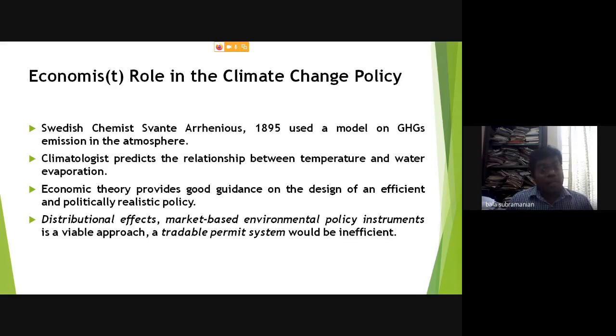They have already agreed to provide finance and technology to developing countries at the Conference of the Parties. So the economic role is very important here, especially designing the policy. Now you understand the economic role in climate change policies.